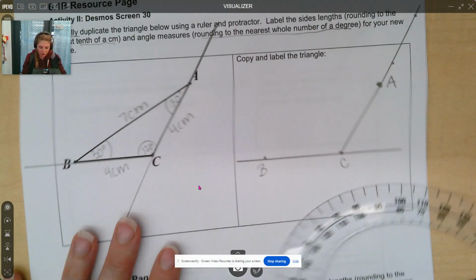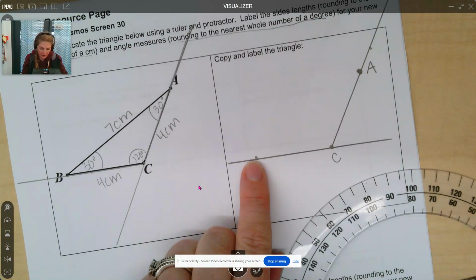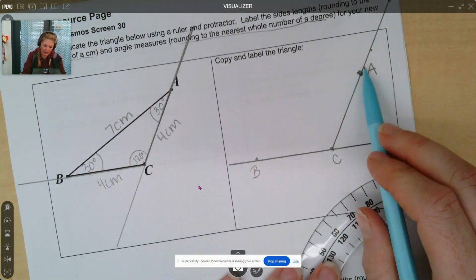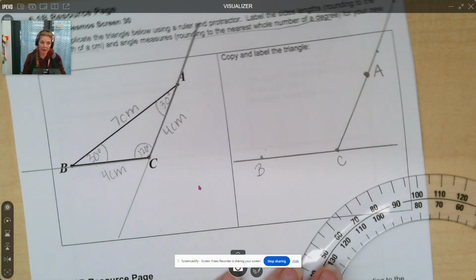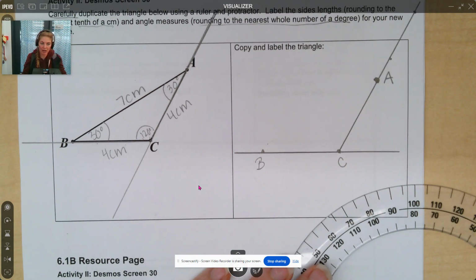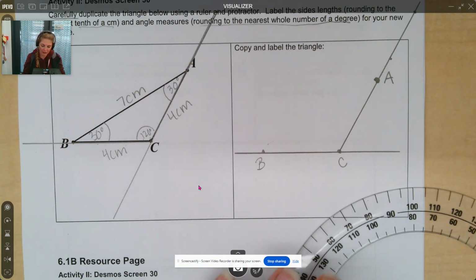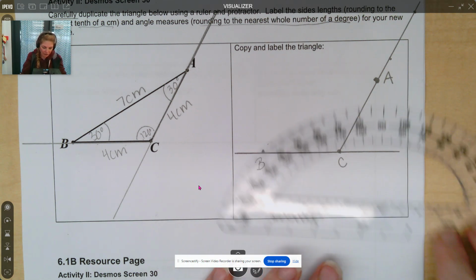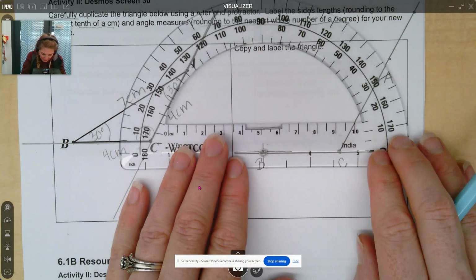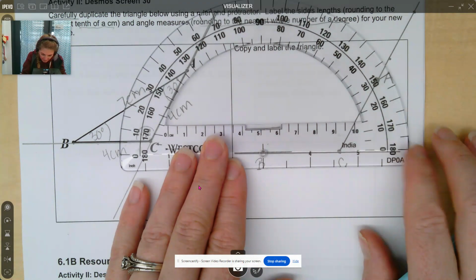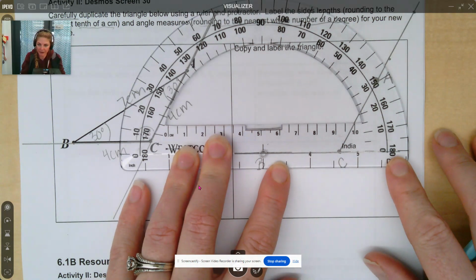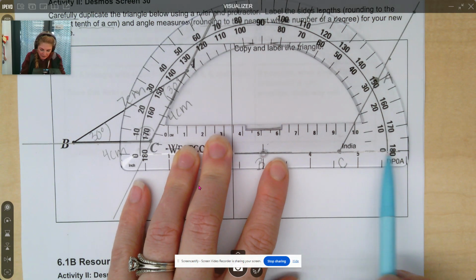Now we can either measure angle CBA or angle CAB. If we do it right the first time, the other angle should just occur naturally. Let's take a look. I'll measure 30 degrees from angle B. Line up my zeros as well as I can, and that's a really important part: line up your zero.